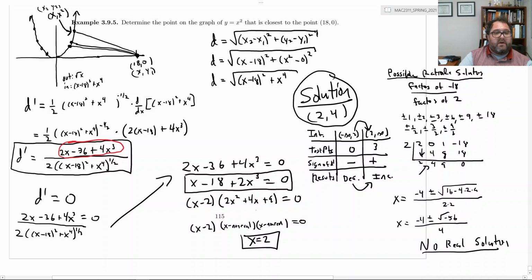Of all the points on this parabola, the point 2, 4 is the closest to the point 18, 0. And there we are. So, an example using the distance formula to find the point of minimum distance between y equals x squared and 18, 0.